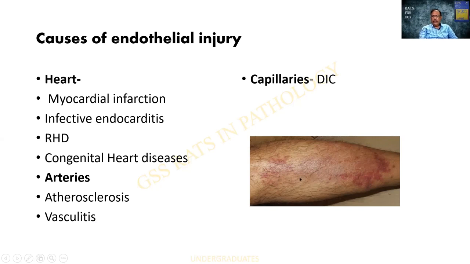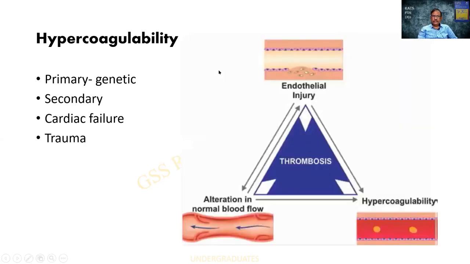Trousseau's sign: he was a person who diagnosed his own malignancy by seeing this migratory thrombophlebitis, a feature of disseminated intravascular coagulation. And what are the causes of hypercoagulability? It can be genetic, some people are prone to it, or it can be secondary. It can be cardiac failure. It can be traumatic. So these are the things.